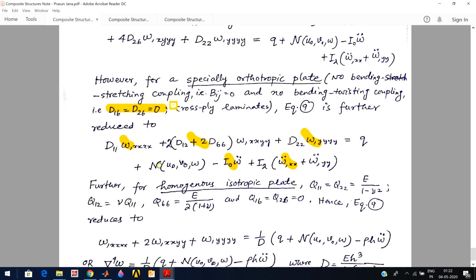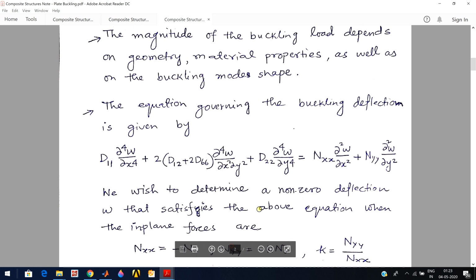However, we'll have this N, that is the nonlinear term, and this will contain nxy, nxx and nyy. So that together with the first 3 terms will be the governing differential equation, which is shown here. And for this case, we are not considering nxy, so we'll have nxx and nyy.